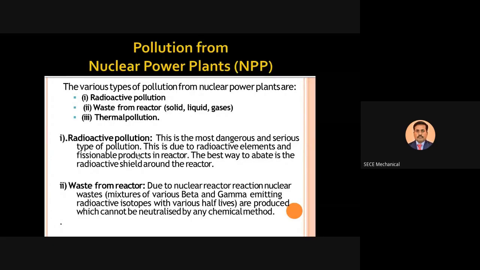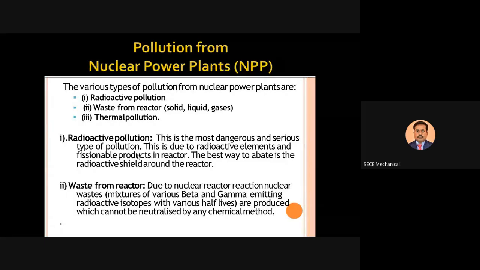What type of fuel do we use? Uranium, U-235, U-238. This kind of isotope-based fuel, such as thorium, uranium, and plutonium, is used.